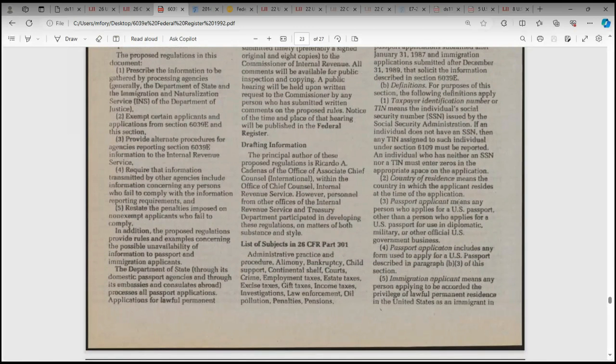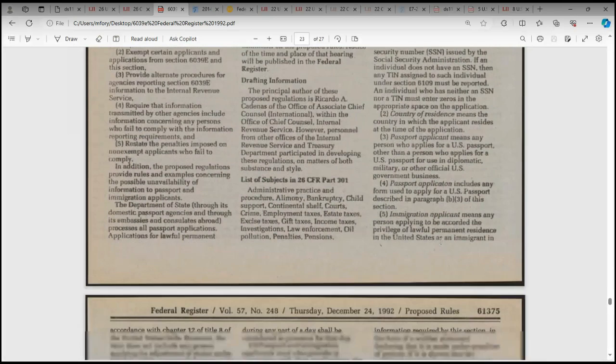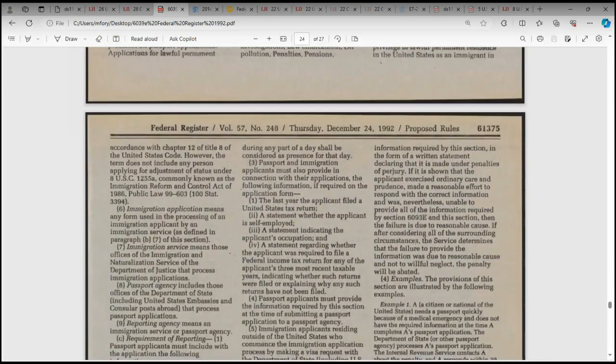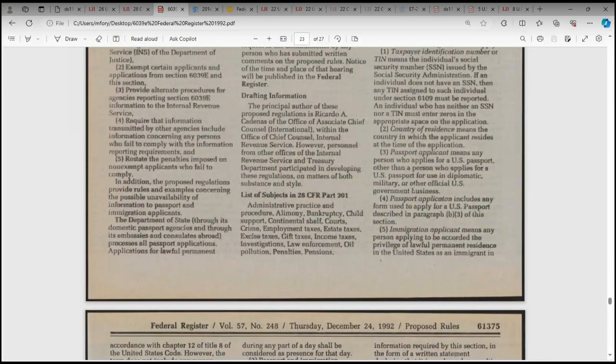Passport applicant means any person who applies for a U.S. passport other than a person who applies for a U.S. passport for use in diplomatic, military, or other official U.S. government business. So diplomatic, military, all mean official U.S. government business.